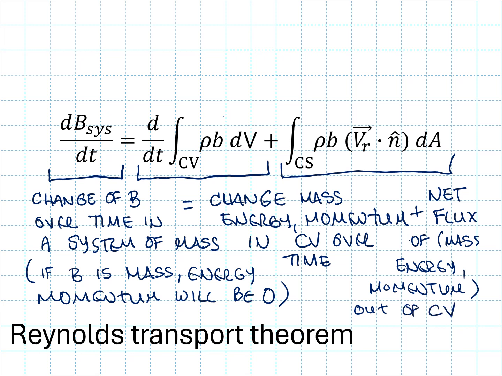How does mass, energy, or momentum flux out of the control volume? Well, it has to cross over that control surface. So remember the faucet and the drain in our bathtub control volume? The water leaving through the drain, this is mass that is fluxing out. Water coming in through the faucet, that would be mass that's fluxing in. So if we subtract the mass that's coming in from the mass that's draining, that would be this third term, the net outflux of mass.